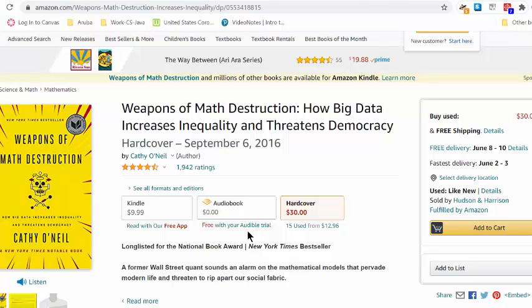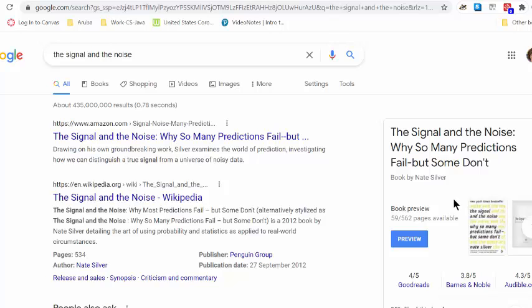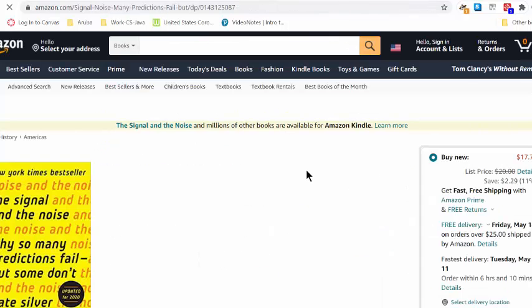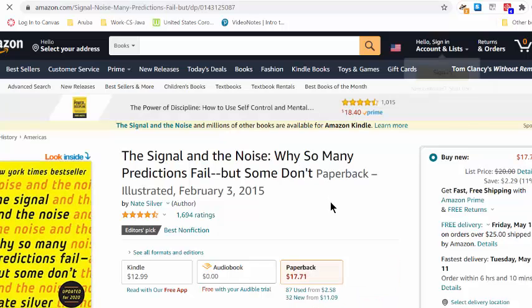and this is a pretty easy read. It's a pretty short book. We will read probably most of this book as well. The third book is The Signal and the Noise: Why So Many Predictions Fail But Some Don't, by Nate Silver.